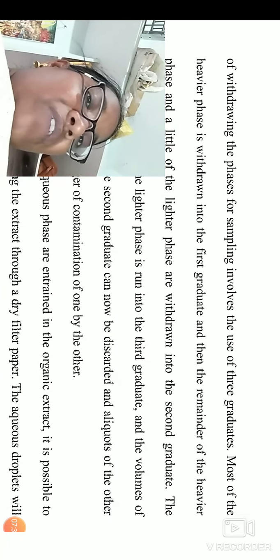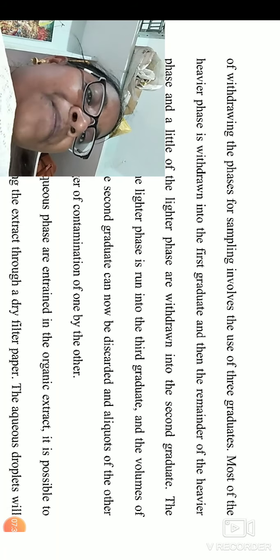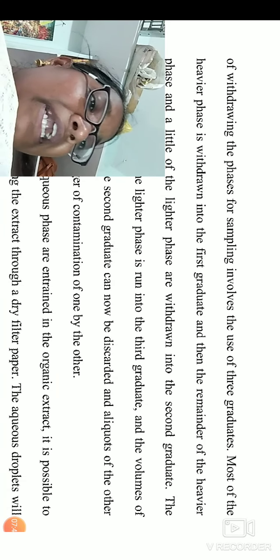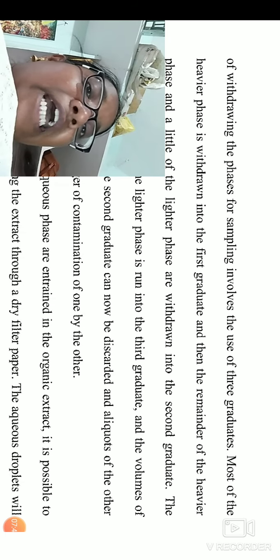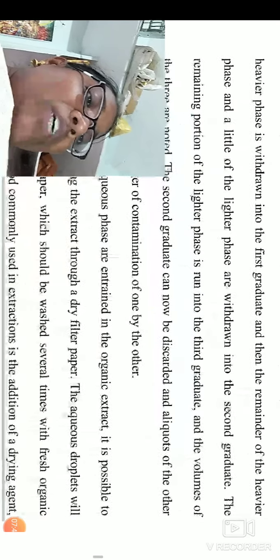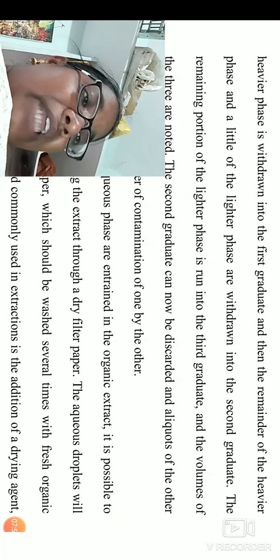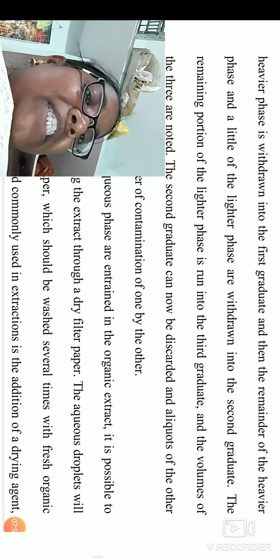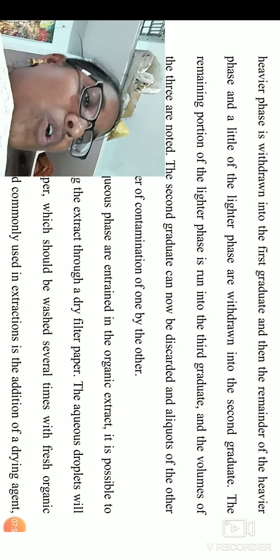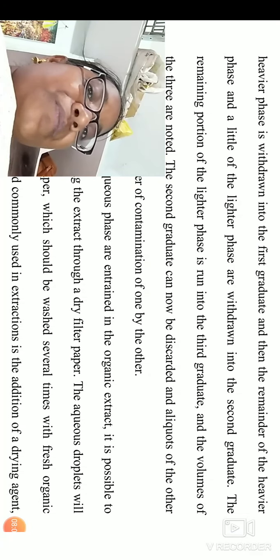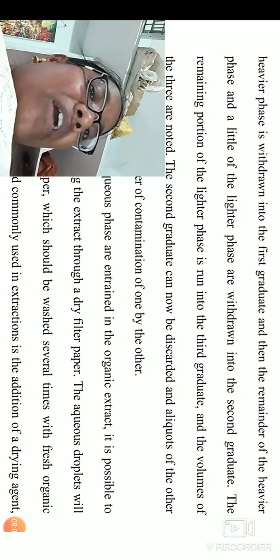A usual method of withdrawing the phases for sampling involves the use of three graduates. Most of the heavier phase is withdrawn into the first graduate, and then the remainder of the heavier phase and a little of the lighter phase are withdrawn into the second graduate. The remaining portion of the lighter phase is run into the third graduate, and the volumes of the three are noted.